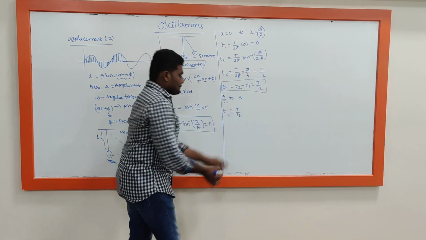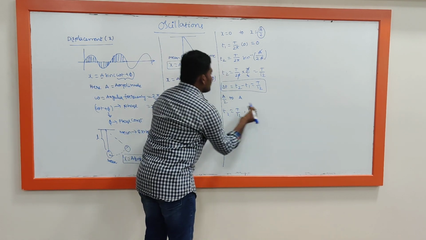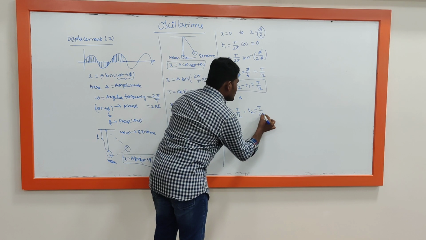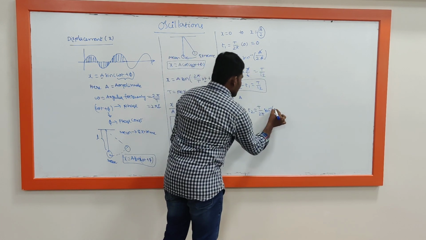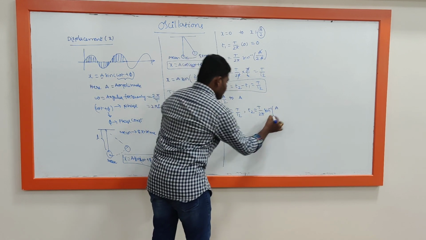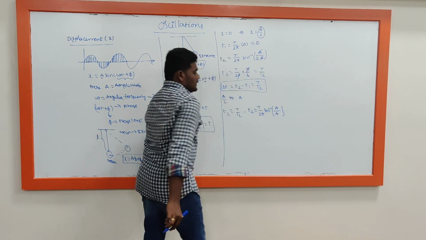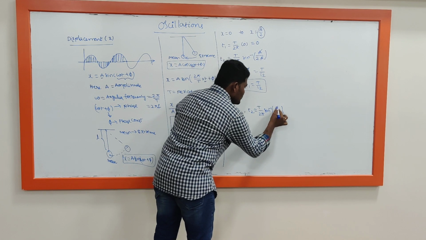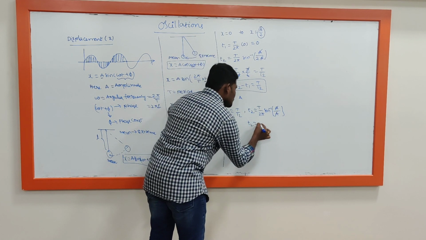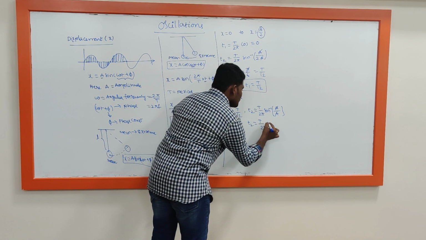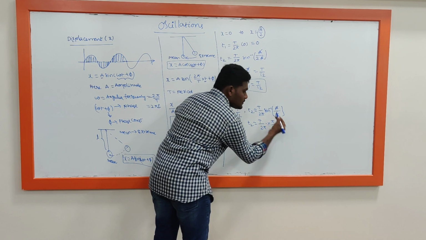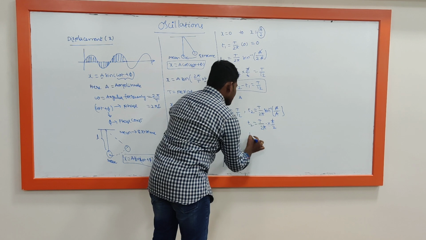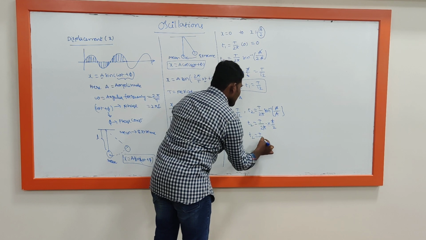To move to a, then t2 equal to T by 2 pi into sine inverse of a by a. Then t2 equal to T by 2 pi into sine inverse of 1. Sine inverse of 1 we get pi by 2, sine pi by 2. So pi gets cancelled, t2 equal to T by 4.